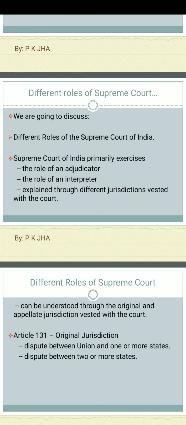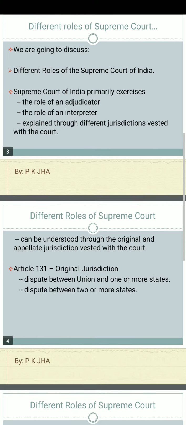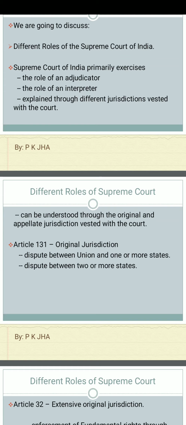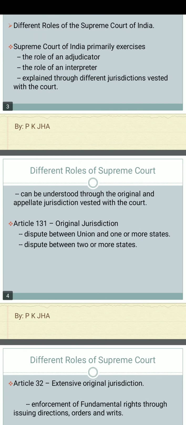That is known as the original jurisdiction of the Supreme Court of India. And we do have the appellate jurisdiction, meaning through the process of appeal from the lower court, from the district court, from the higher court, one by one. Channels are there, and by following those channels, they move ahead.